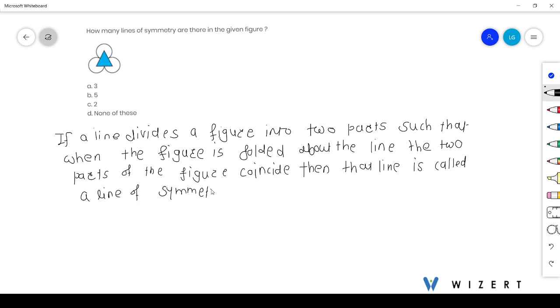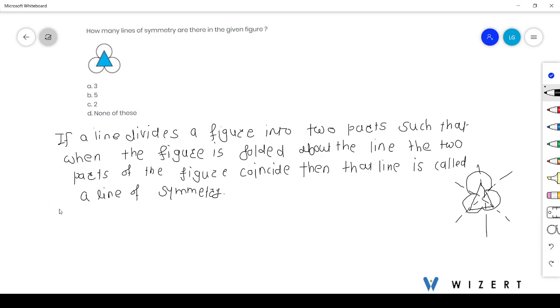Now here we can observe for the given figure, here we have given the figure like this. And we can observe there are three lines of symmetry.